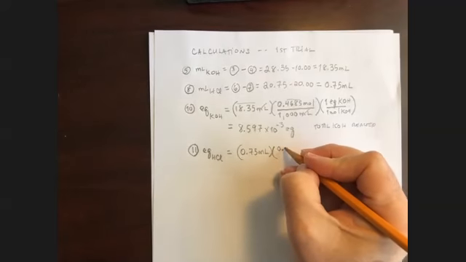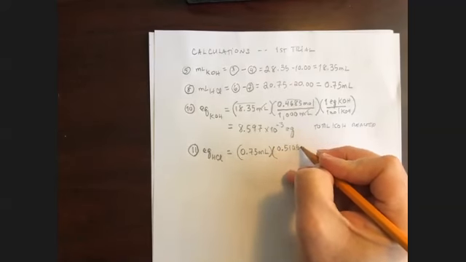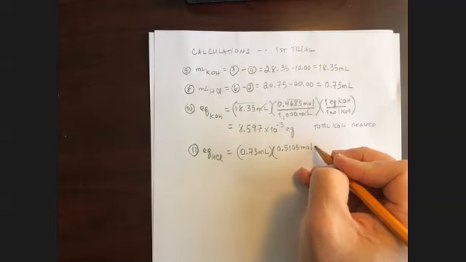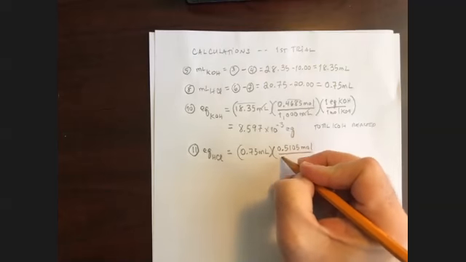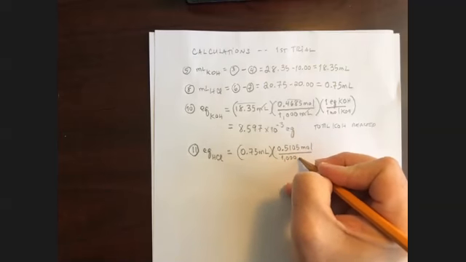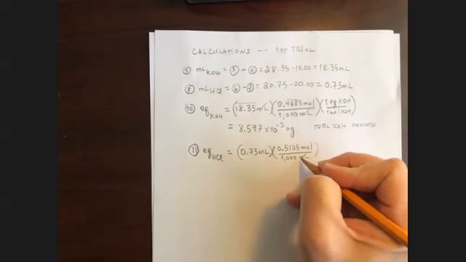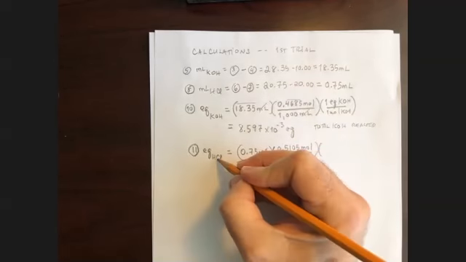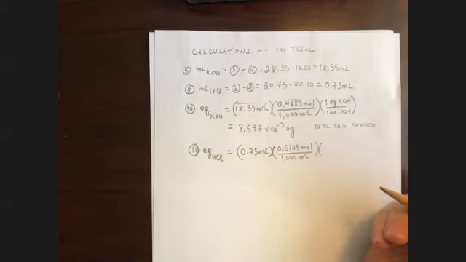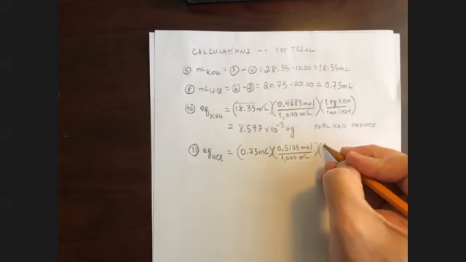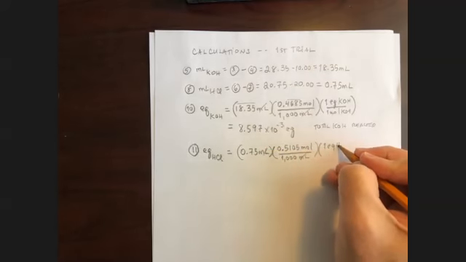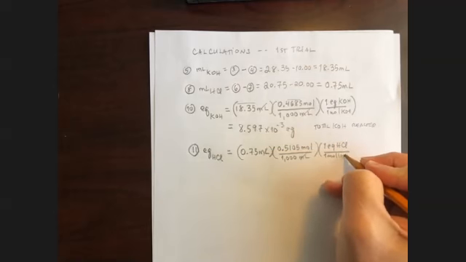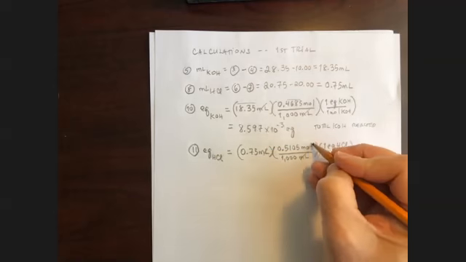So 0.5105 moles of HCl per liter, but we're going to use 1,000 milliliters. So we can cancel out the milliliters. And again, HCl has only one hydrogen it can transfer. And so I'll have an equivalent of HCl for every mole of HCl, and that'll cancel out.